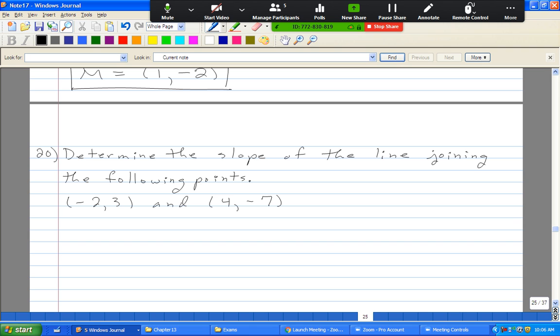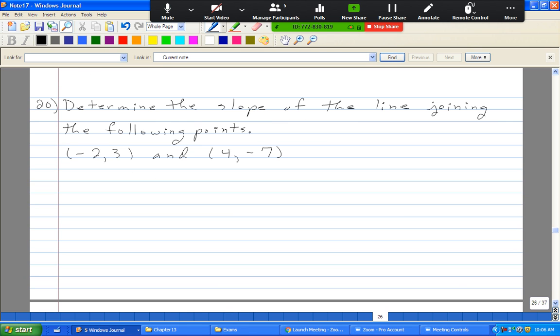Determine the slope of the line joining the following points: negative 2, 3, and 4, negative 7. So the slope, the formula for a slope going through 2 points is just the change in y, or the rise over the run. So this is just rise over run.